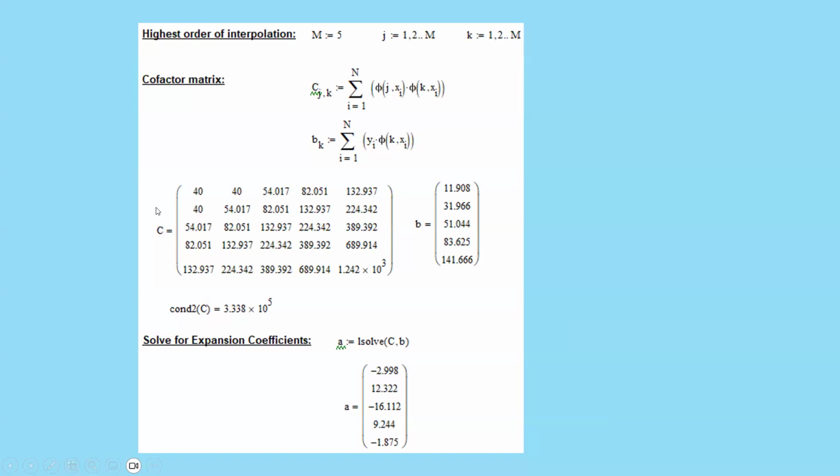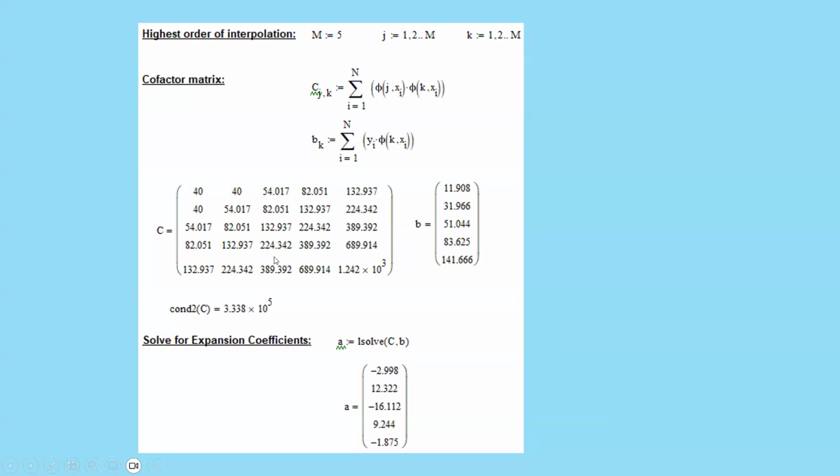When we try to find the condition number of this matrix, as you can see, the condition number is now 3 times 10 to the power 5. This is a very large number, okay? And we can say the system approaches ill-conditioning if we increase the order of the polynomial functions.